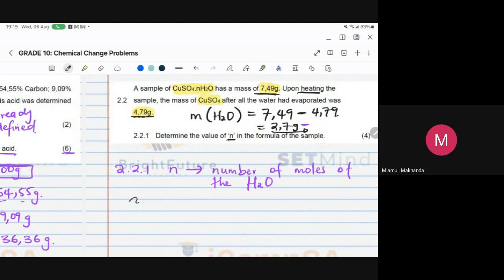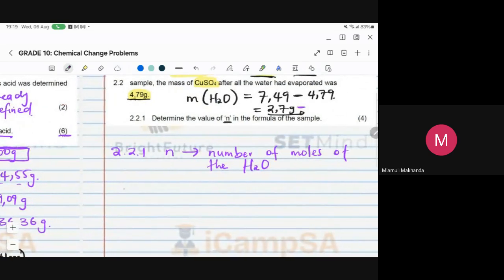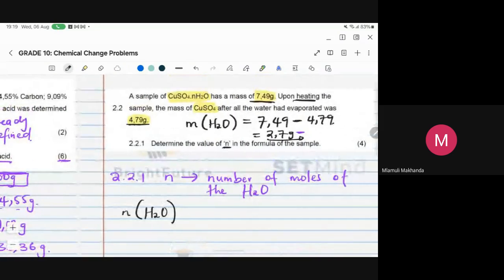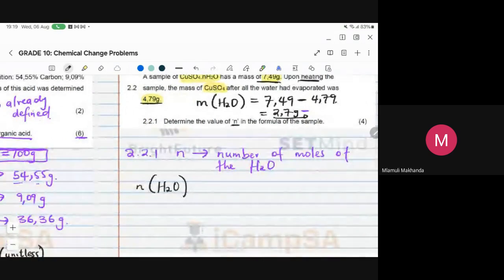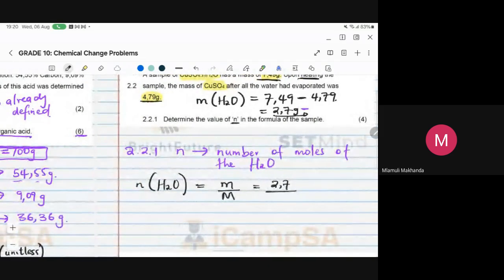In H2O, the number of moles of water in a 2.7 gram sample of water is 2.7 over, so we know that the molar mass of water is just 2 plus 16, which is 18, right?